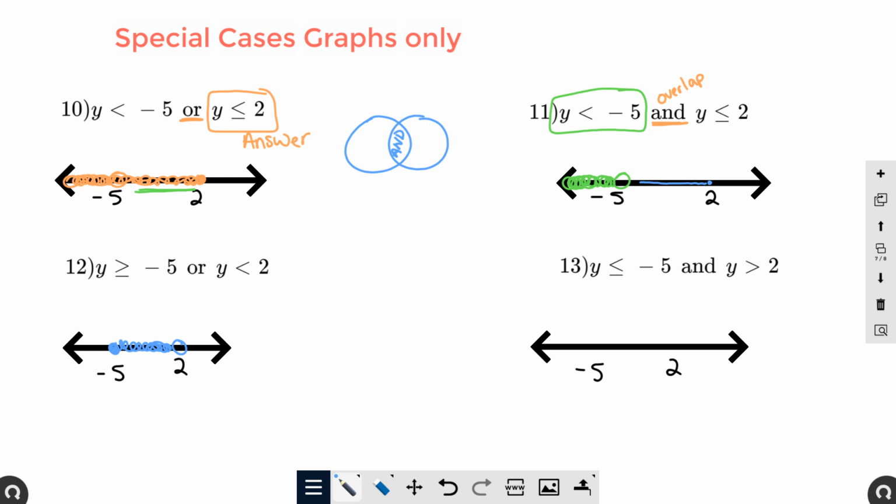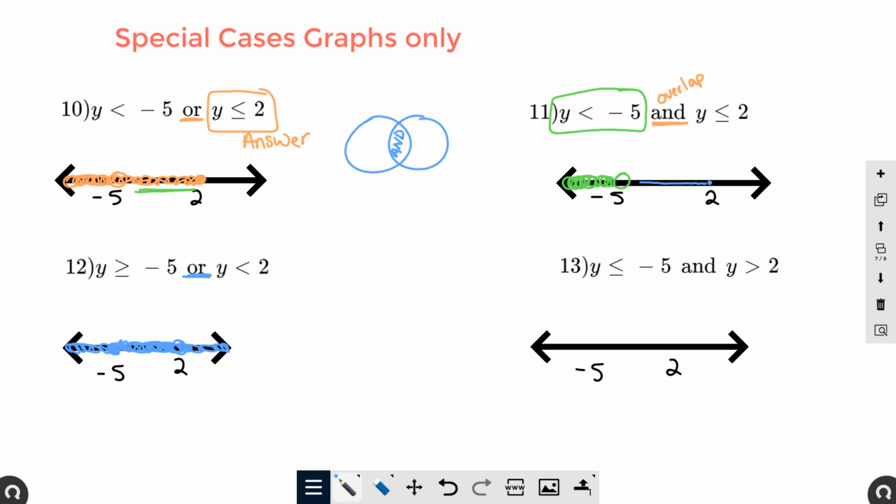It looks like "and," but what's the key word? "Or." "Or" problems, you can keep going on forever in that direction. So since this was greater than -5, I could actually keep going. Since this is less than 2, I can actually keep going. So "or" can keep going in the direction that you shade. So what happened now?